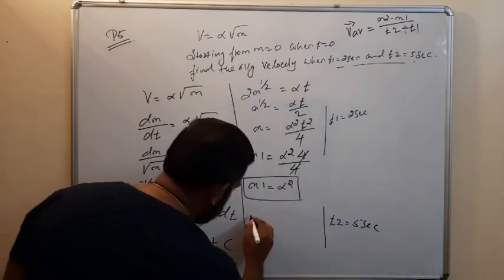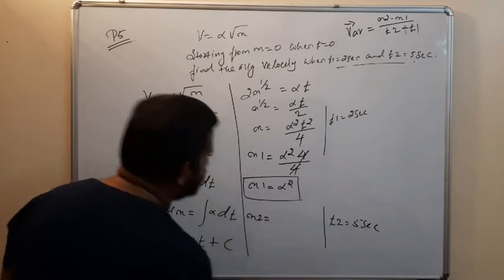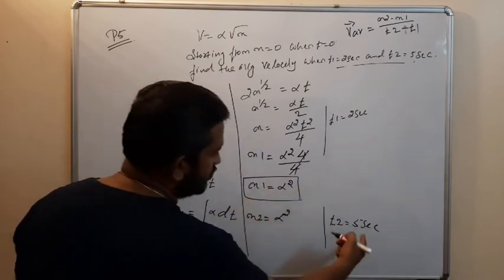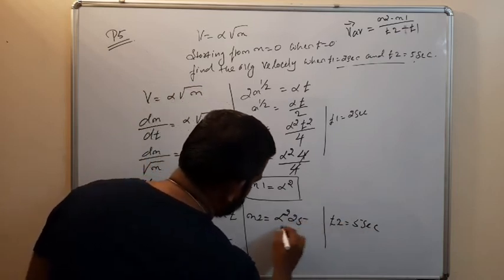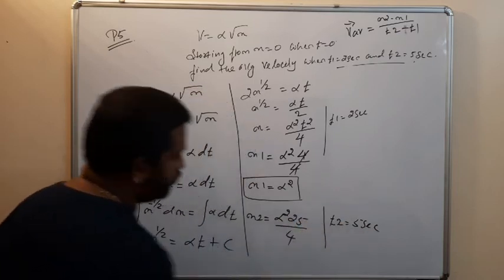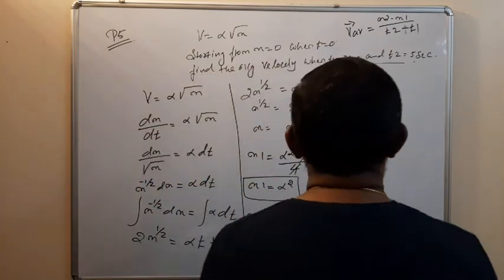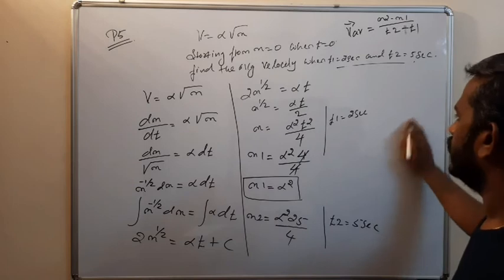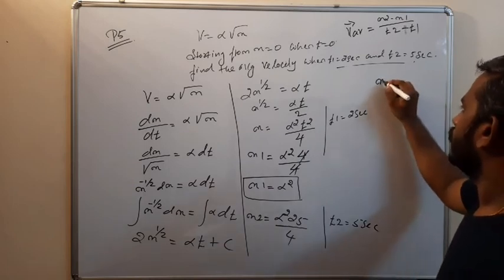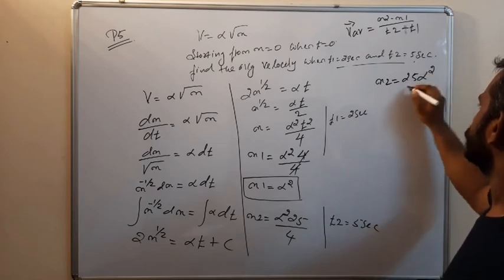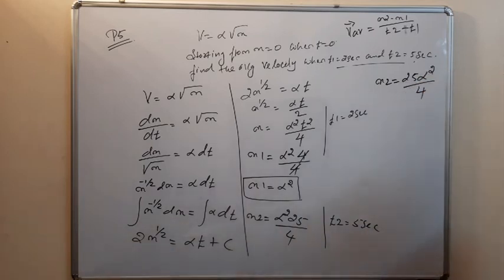So x2 is equal to alpha square t square by 4, that is 5 square, that is 25 by 4. So x2 is equal to 25 alpha square by 4.